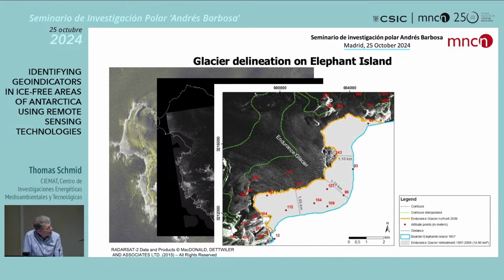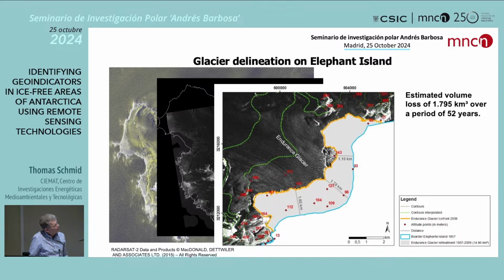What we did is estimate how much this glacier has receded, over a time period of over 50 years. We estimated the volume over this period by using the information we had from the 50s and the information nowadays.